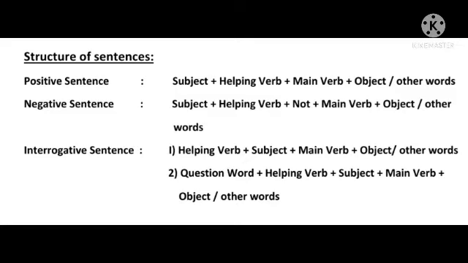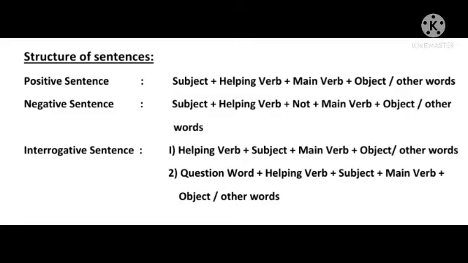If the sentences are positive, then the structure is first of all subject, then helping verb, then comes the turn of main verb and object or other words. If the sentence is negative, subject plus helping verb plus not plus main verb plus object or other words. It means if the sentence is negative, we have to place not between helping and main verb.